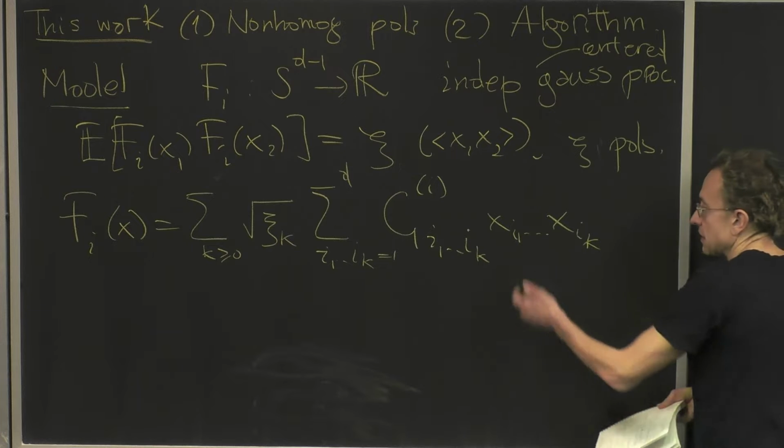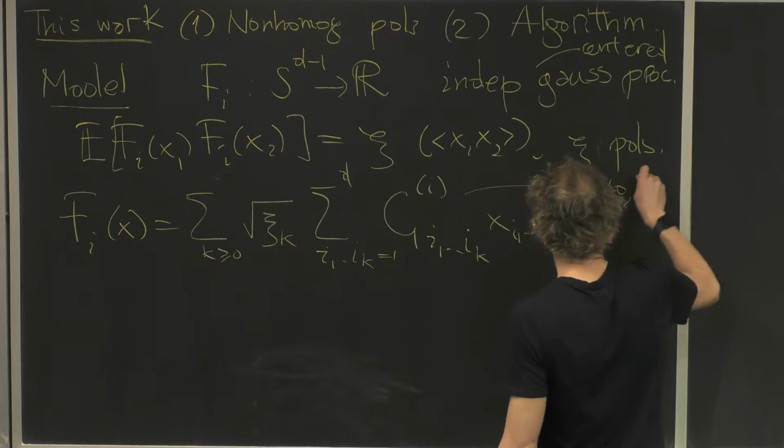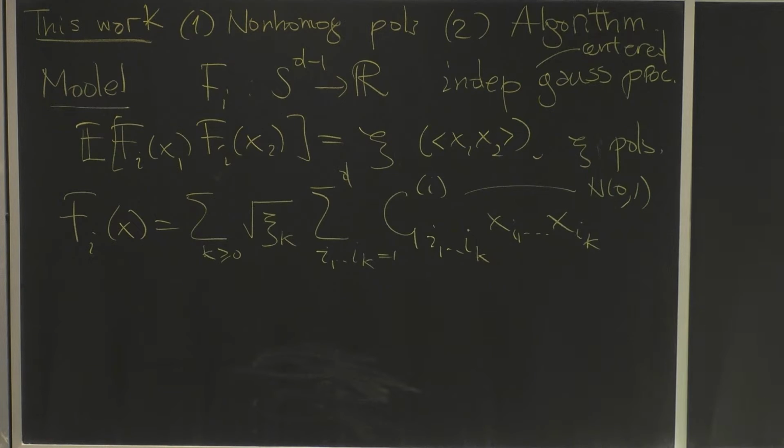If these g's are IID standard normal, then this polynomial has this covariance and vice versa.